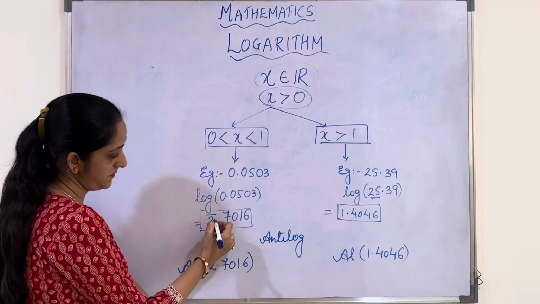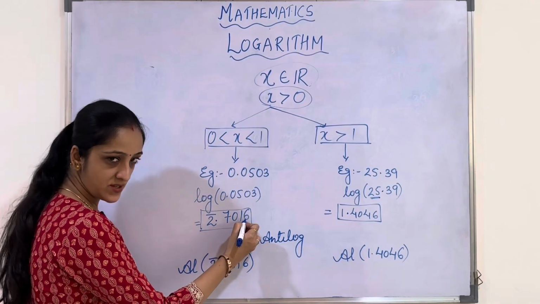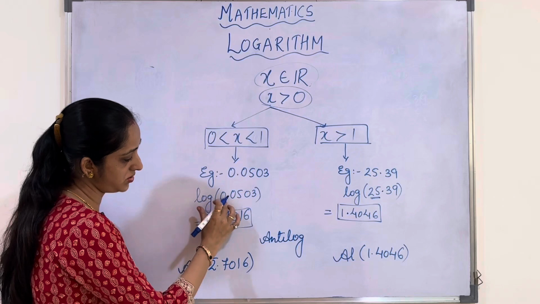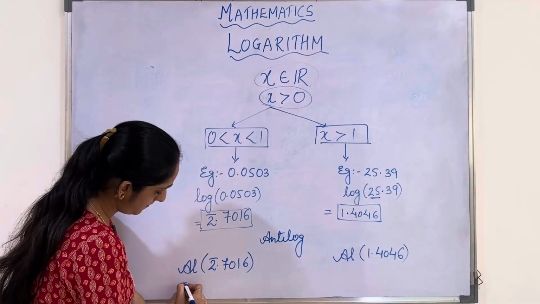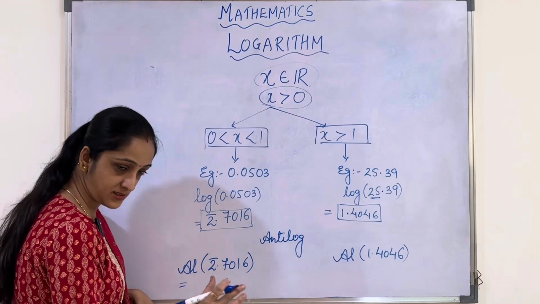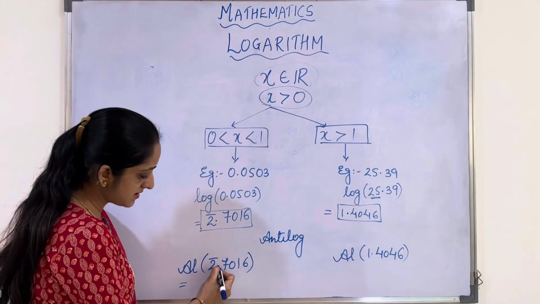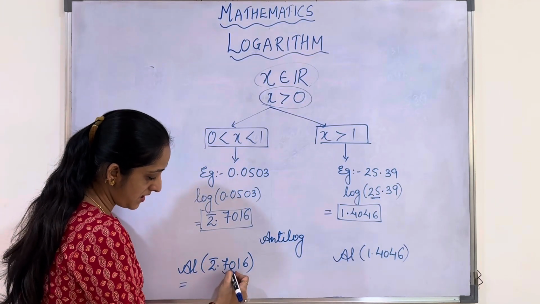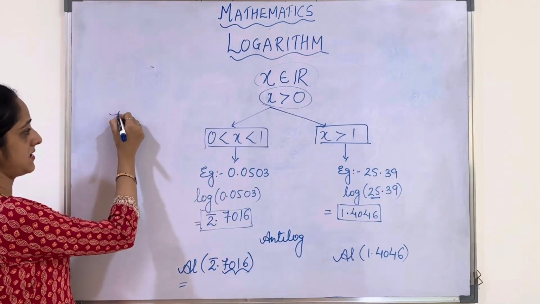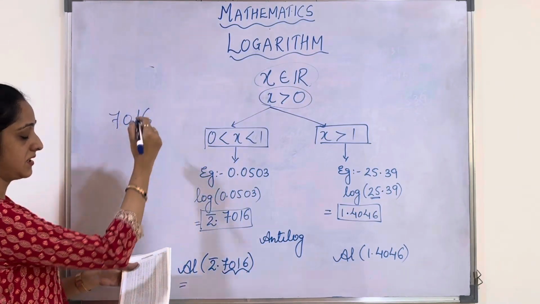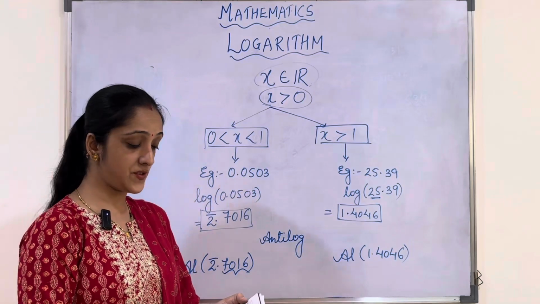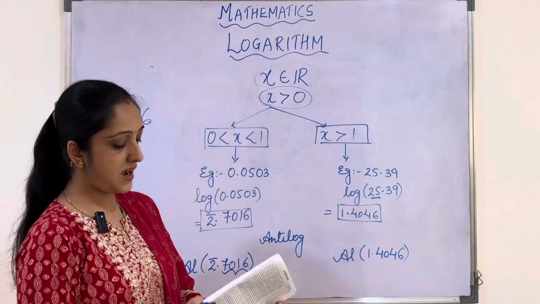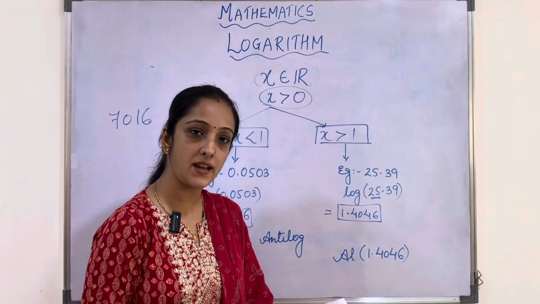Let's see the number bar 2.7016, which was log of 0.0503. For anti-log of bar 2.7016, we will consider the number which is after the decimal. Now here it is 7016. If you observe your anti-log table, it starts from 0.00 and ends at 0.99.